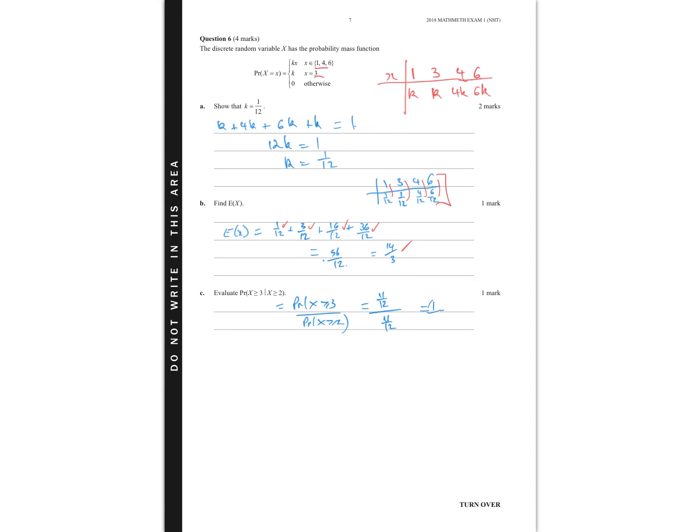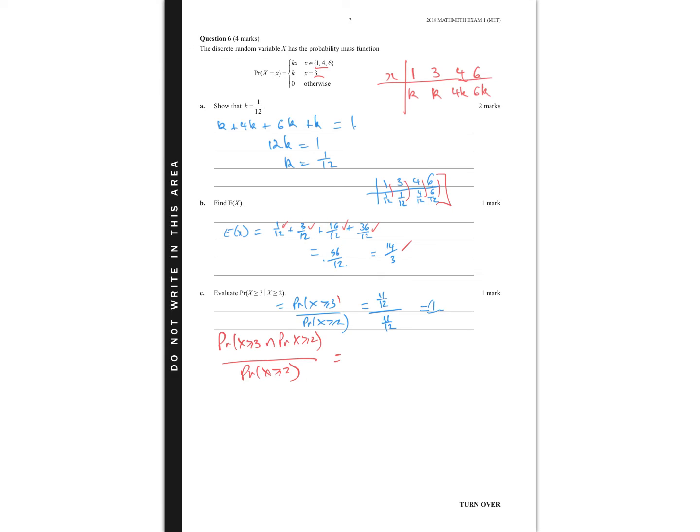And finally, the probability that x is greater than or equal to 3, given that x is greater than or equal to 2. So really, my conditional rule says that's the same as the probability that x is greater than or equal to 3 intersection greater than or equal to 2, over the probability that x is greater than or equal to 2.